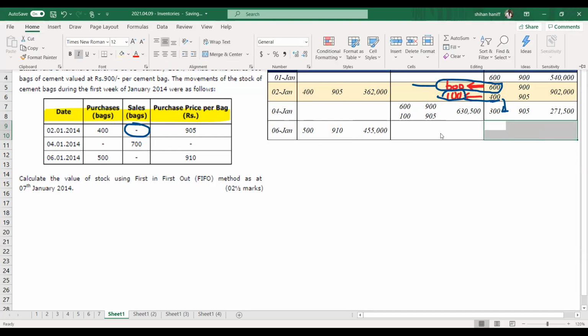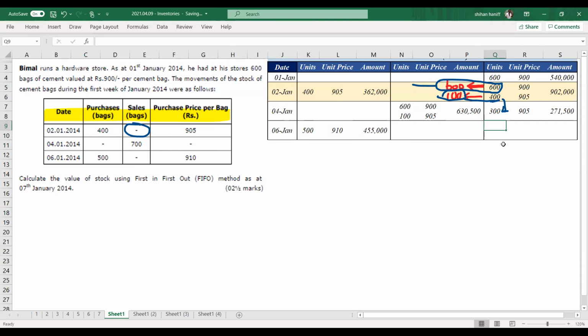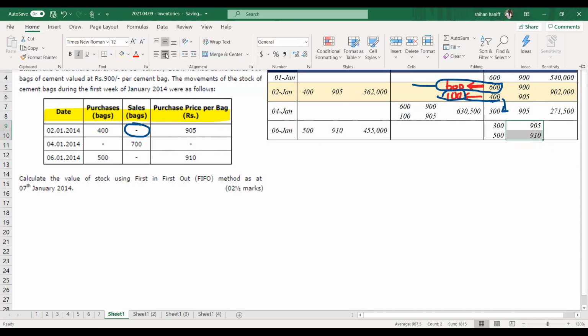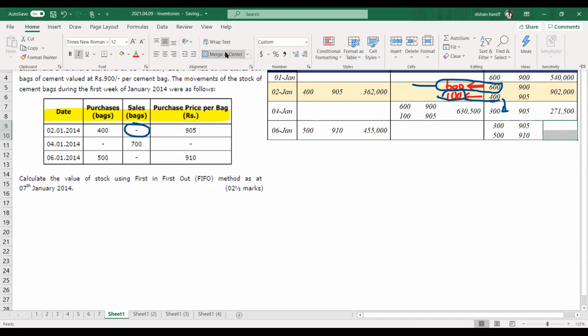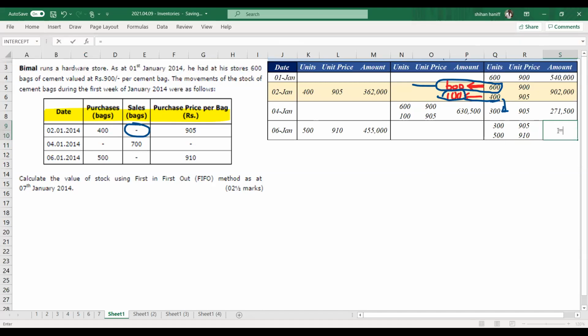Then the closing stock: 300 bags at 905, 500 at 910. So closing balance is 271,500 plus 455,000, which is 726,500. So this is the answer.